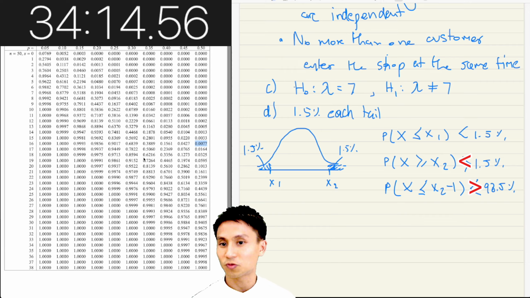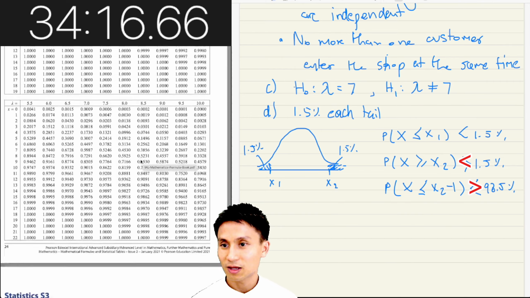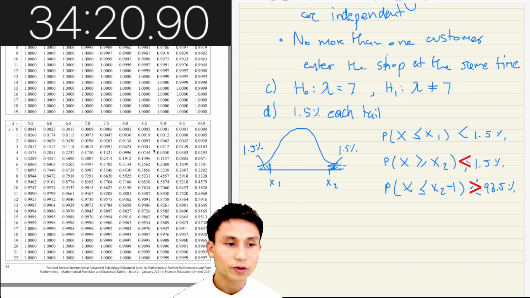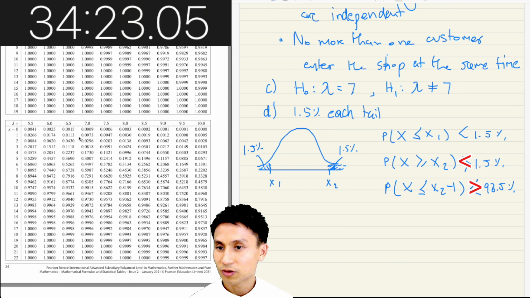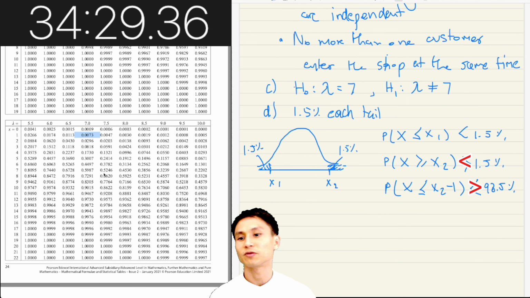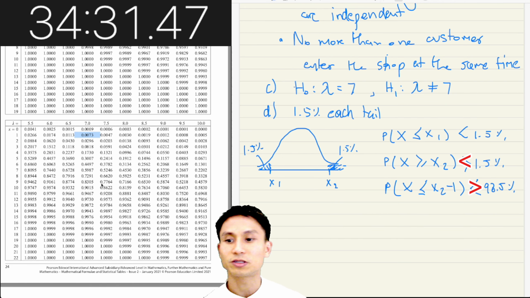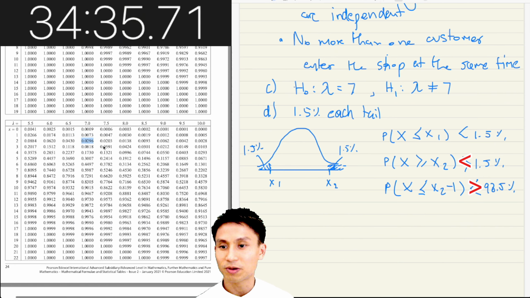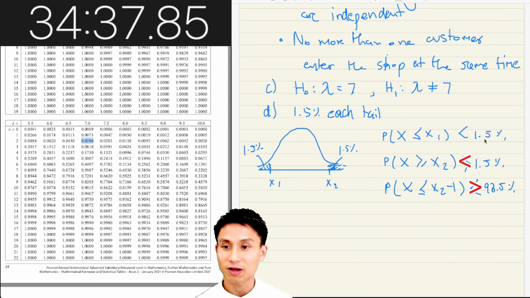I'm just going to go to Poisson tables, lambda being 7. Okay, 7 here. So we got to search for the value. 0.0073, if you multiply that by 100, it's going to be 0.7%. If you go a little bit above, it's going to be over 1.5% already at the left end, right?